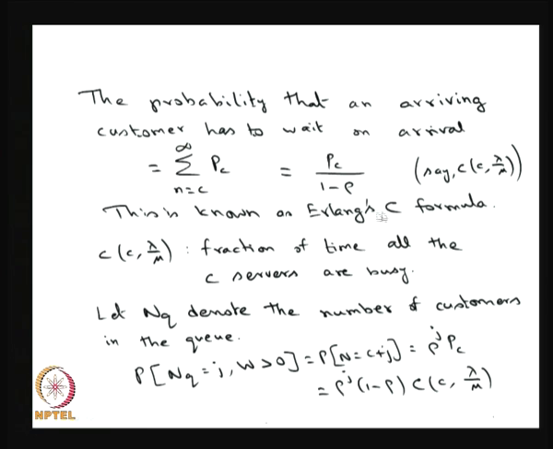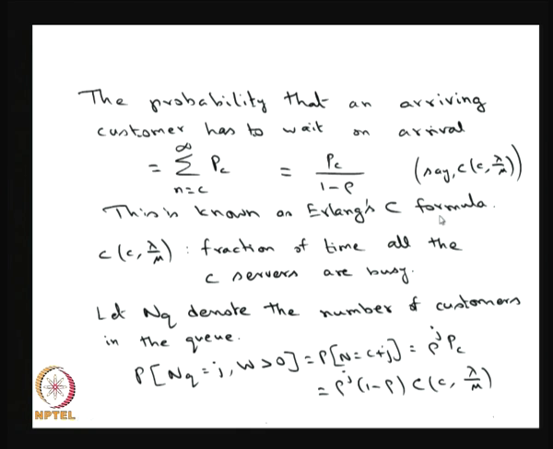This probability is known as the Erlang C formula for a multi-server infinite capacity model. I denote it with the letter C of C comma lambda by mu, because you need the number of servers in the system, and you need lambda as well as mu. If I know this quantity, I can find the Erlang C formula.